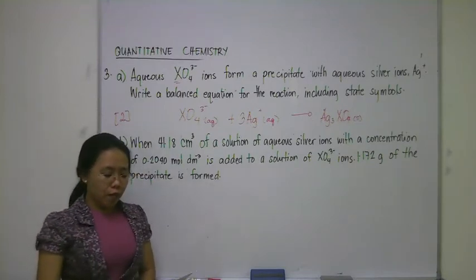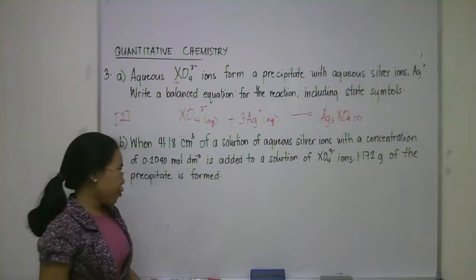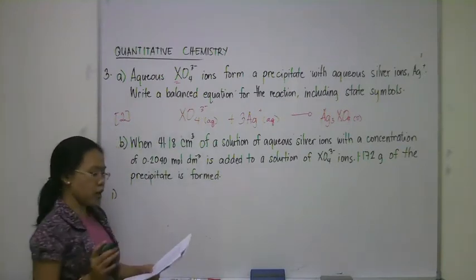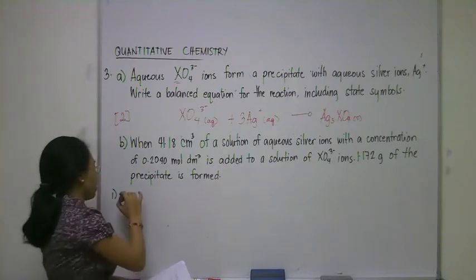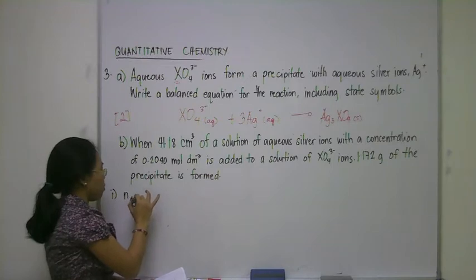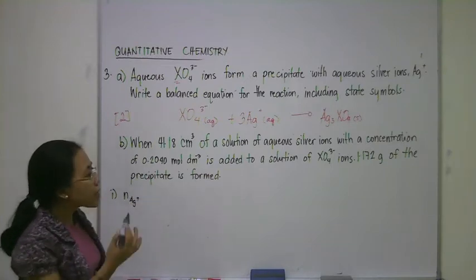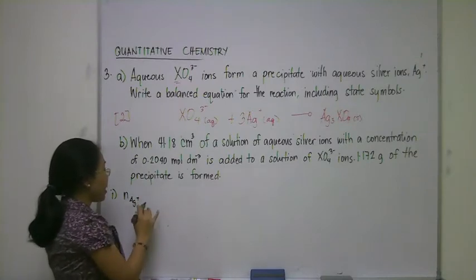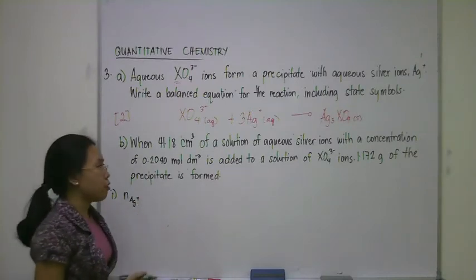Okay, for letter B, the first question, you were asked to calculate the moles of silver ions. So based on the given values, we can calculate the moles of silver ions.